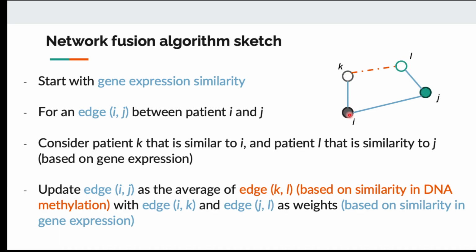Let's say patient I has a similar gene expression profile with patient K, another patient with a similar gene expression profile. And patient J has a similar expression profile to patient L, a different patient.